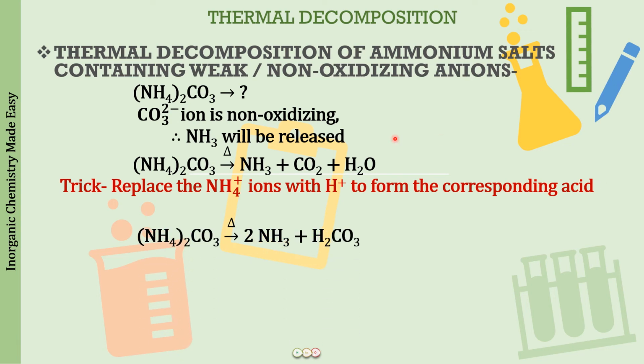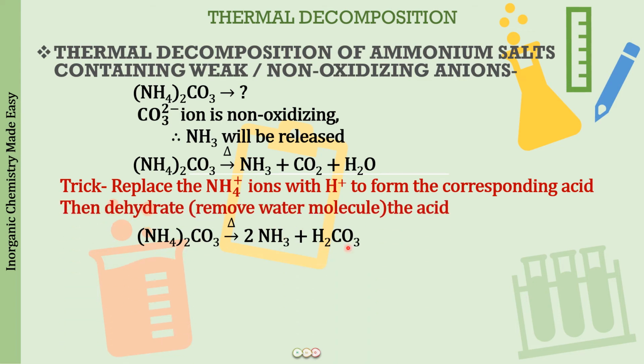What this means is ammonium carbonate on heating is going to give us 2 ammonia, and along with that it is going to give us H2CO3. So we had 2 nitrogens, corresponding to that we have 2 ammonia, and then what we did was simply replace the ammonium ions by H positive, so that became H2CO3. Then this acid, we are going to dehydrate it, remove water molecules corresponding to the number of hydrogens.